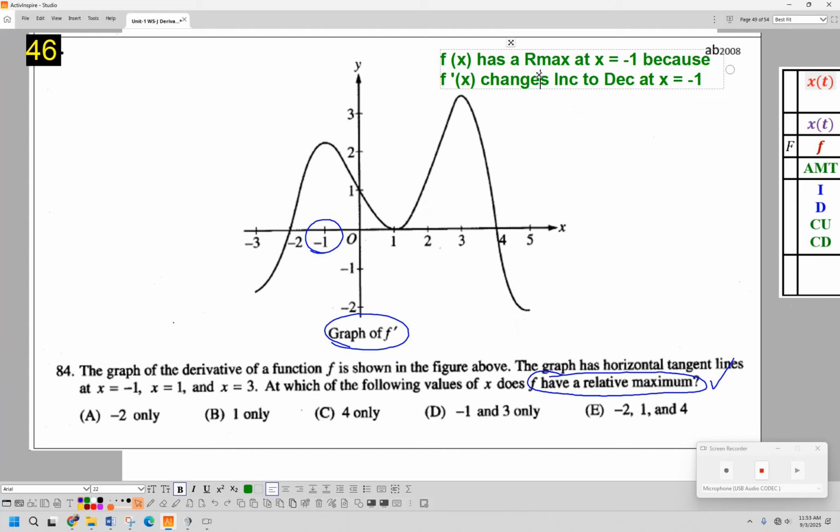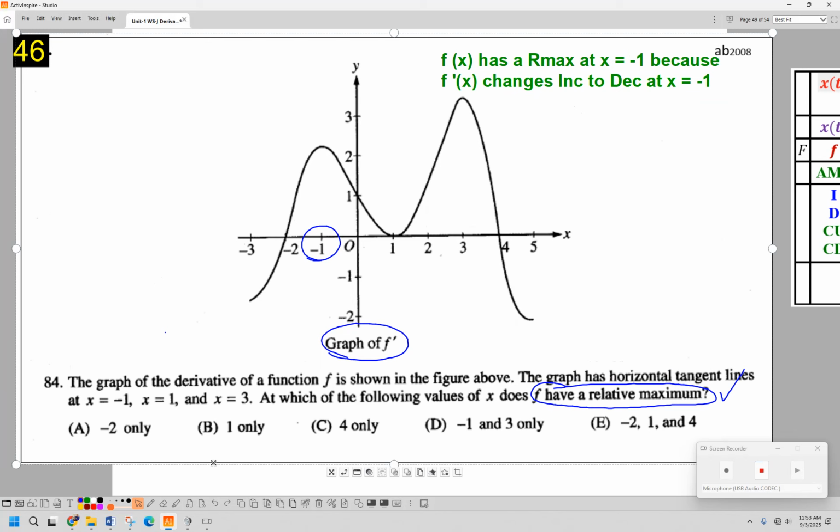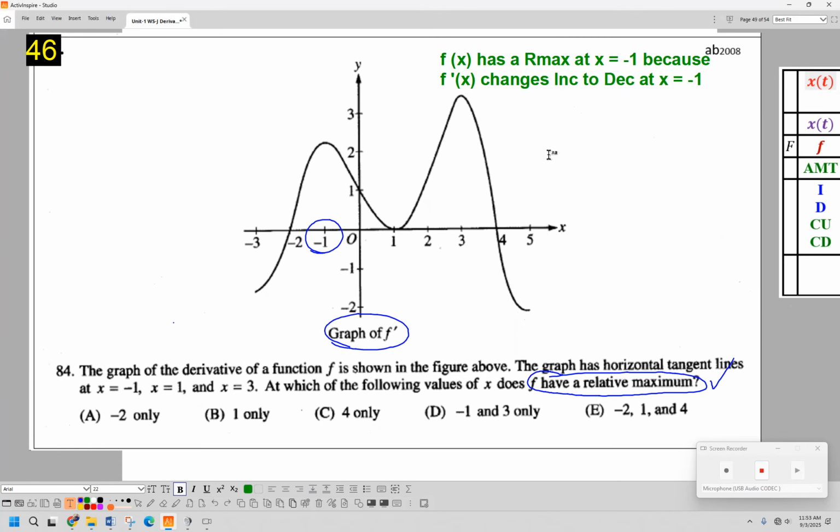Let's go, Kate. F of x has a relative max at x equals 4 because that's when the slope changes from positive to negative. Let's write that down. So we say the slope of f prime, f of x has a relative max at x equal what, Kate? 4.